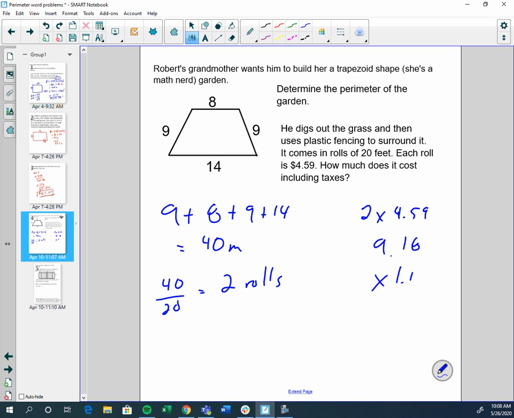Add on the tax by multiplying by 1.12. $10.28. 2816, and then that would round down to $10.28.